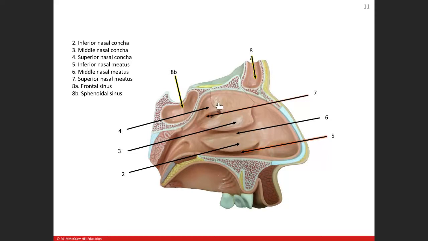And then finally, that little space there between the superior nasal concha and the middle nasal concha, that is the superior nasal meatus. Then we can see actually a couple of our nasal sinuses here. Here's the sphenoid sinus, and then right above is the frontal sinus.